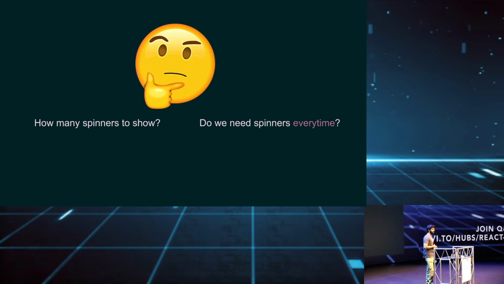First, how many spinners do you actually want to show? If you have a ton of asynchronous work, a ton of API calls, do you simply want to show a loader for each of them, or can you skip some? Second, do you need to show a spinner every time? If you know that your client is on a faster connection, do you want to show them a spinner for those few microseconds? I don't think that's a good idea.